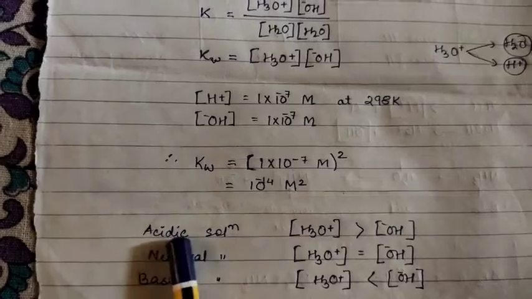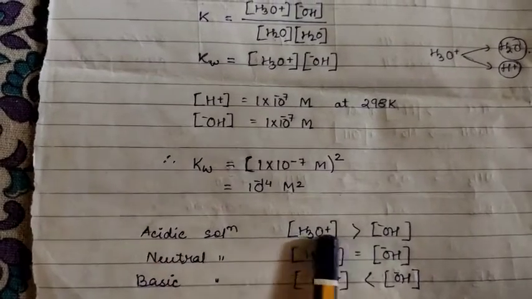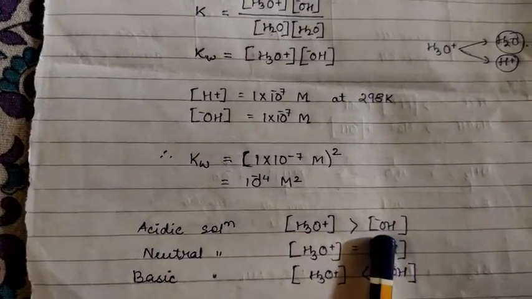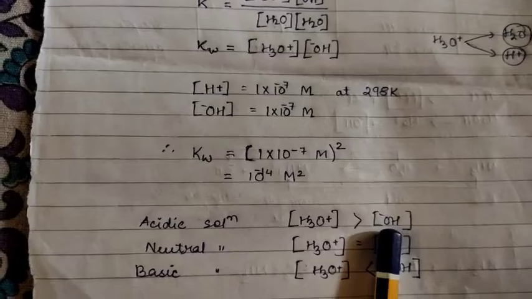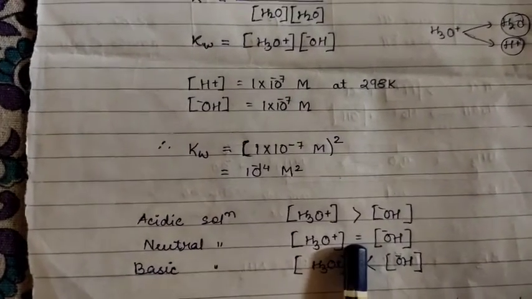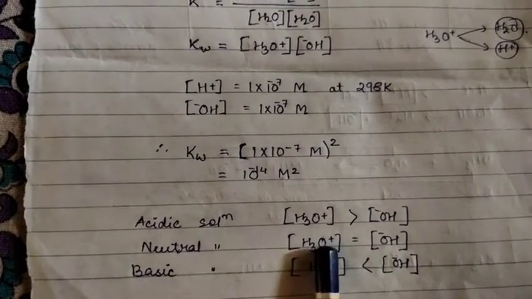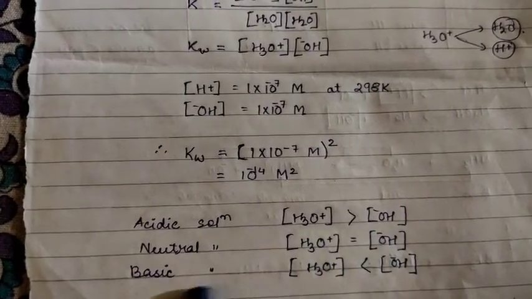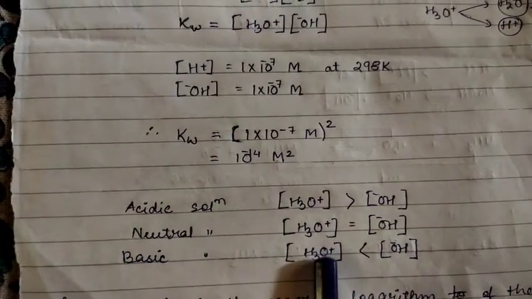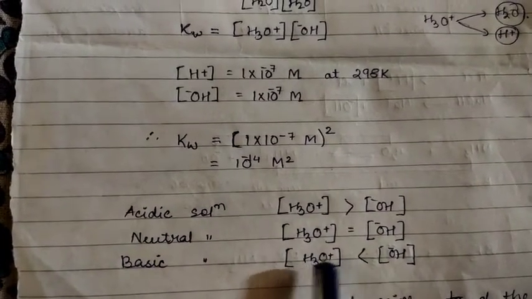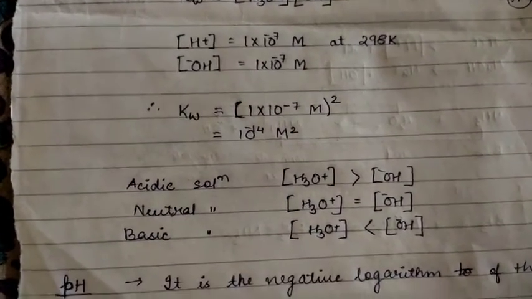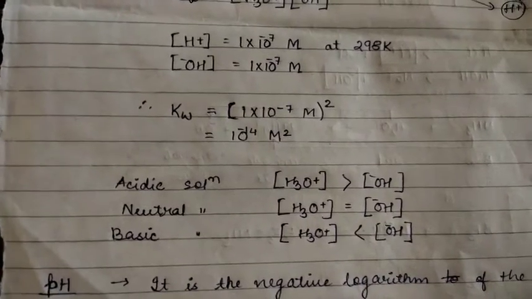So in acidic solution, the concentration of H positive has to be more than the concentration of OH negative. For neutral, they are equal, like water. And for basic, the concentration of hydronium ion will be less than that of the hydroxyl ion, as you know that the base releases OH negative.